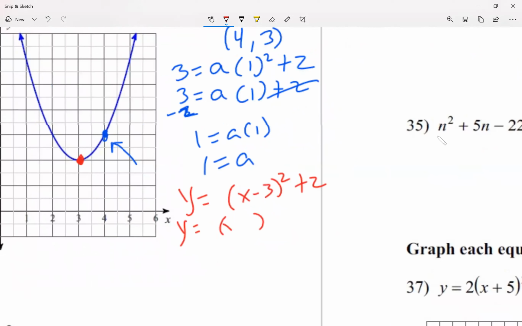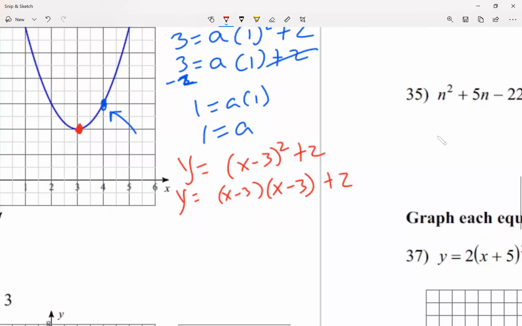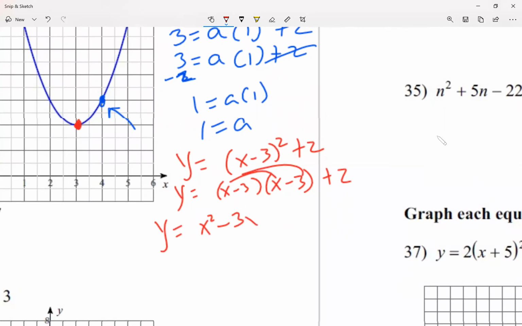But I'm going to write my parentheses x minus 3 twice. So let me get rid of parentheses. I have y equals. Let me distribute the x. So that gives me x squared minus 3x. And then let me distribute the negative 3. So that gives me negative 3x plus 9.